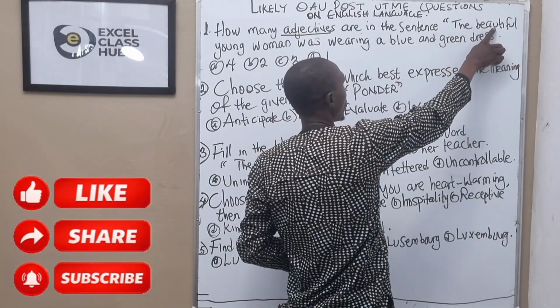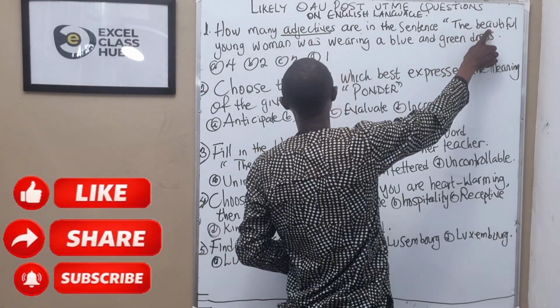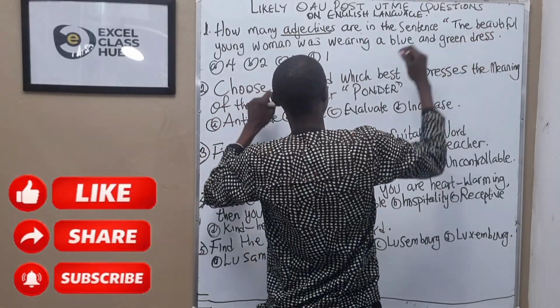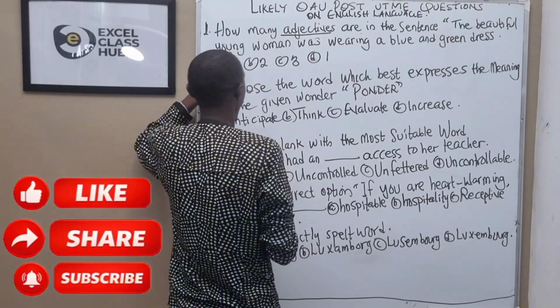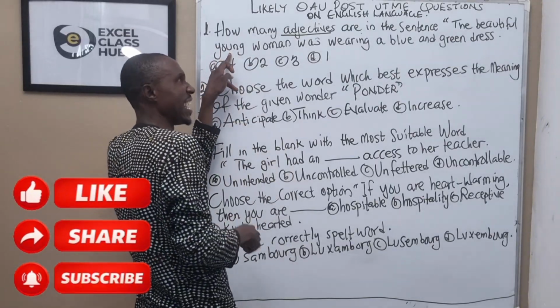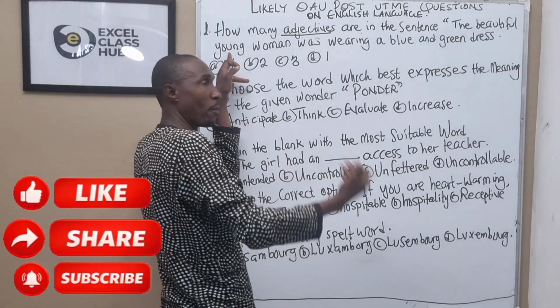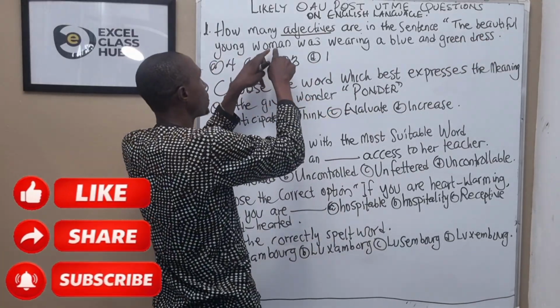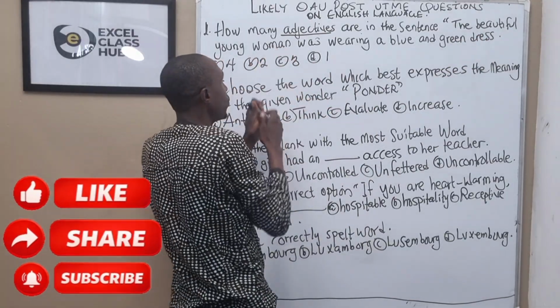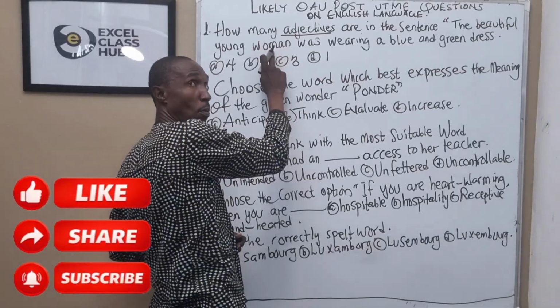The beautiful is an adjective because why? It's telling us more about somebody. So we have beautiful. We also have young. This young again is telling us more about somebody. Now, the beautiful and the young are telling us more about a noun, which is the woman.